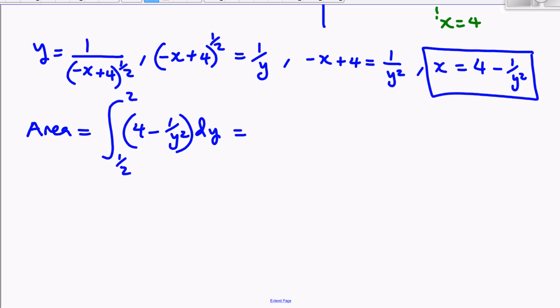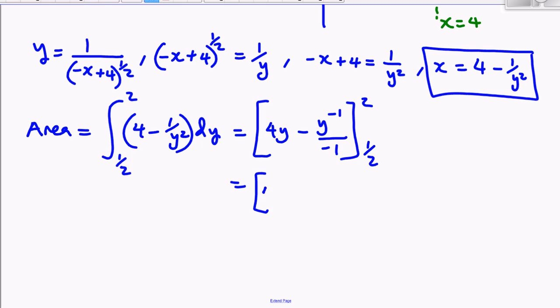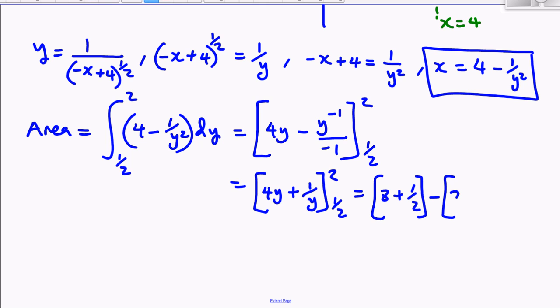So what we'll end up with is 4y minus y to the power of negative 2 plus 1, which will be negative 1 over negative 1, from a half to 2, which will give us 4y plus 1 over y, from a half to 2, which will give us 8 plus a half minus 2 plus 2, which will give us 8 and a half minus 4, that is 4 and a half.